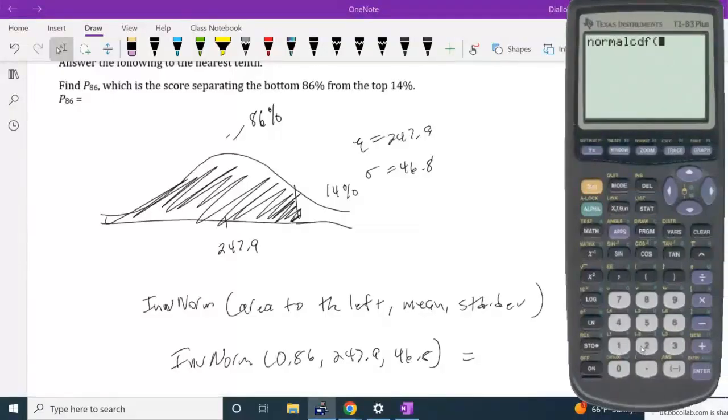Inverse normal: 0.86, comma, 247.9, comma, 46.8.